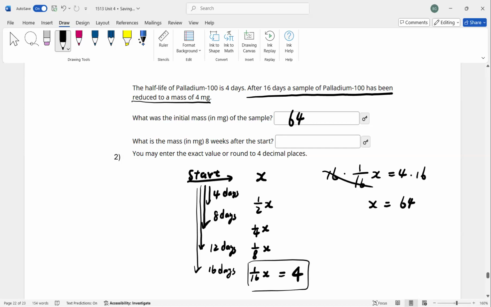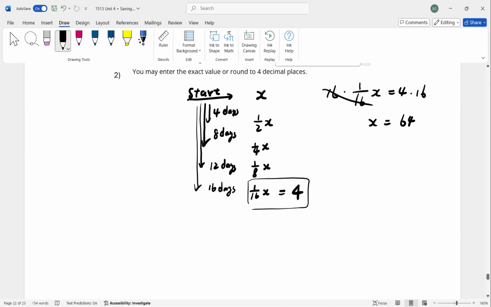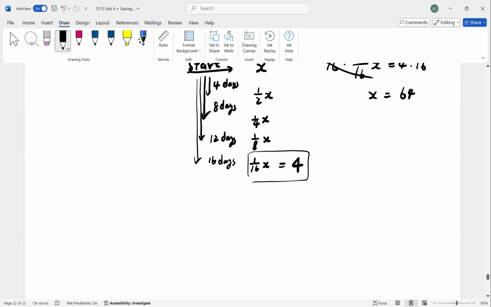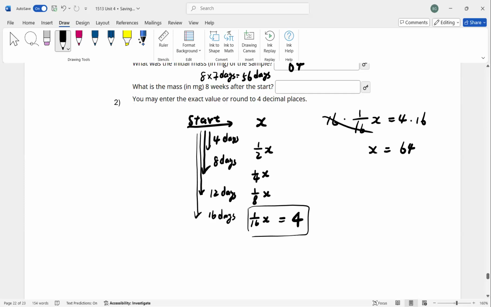Part B, the second part. What is the mass in milligrams 8 weeks after the start? 8 weeks. A week has 7 days, so 8 weeks is 56 days, right? 56 days. And you know, we could keep going doing the same thing if you like.